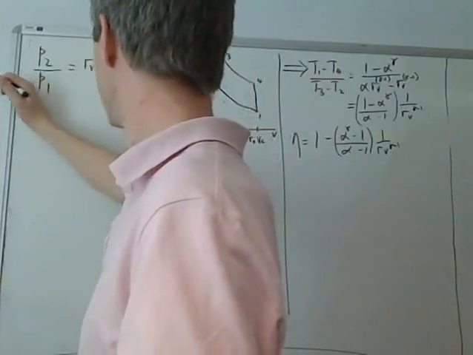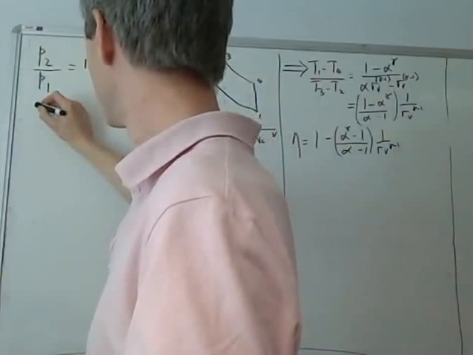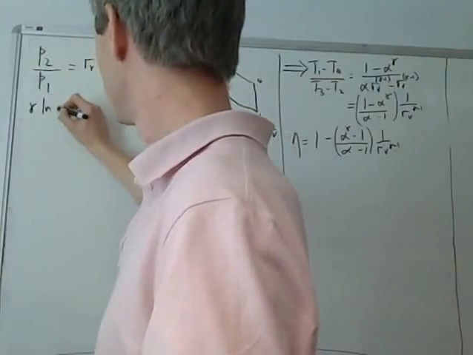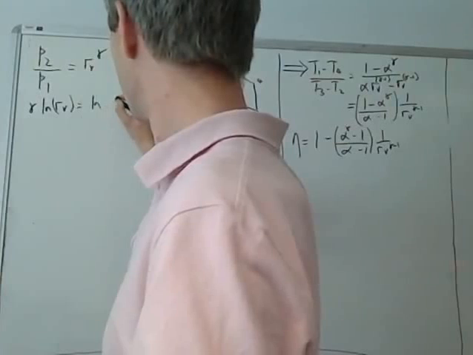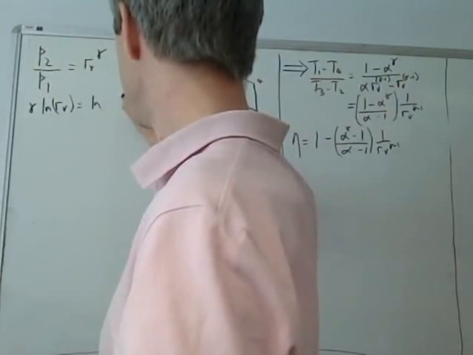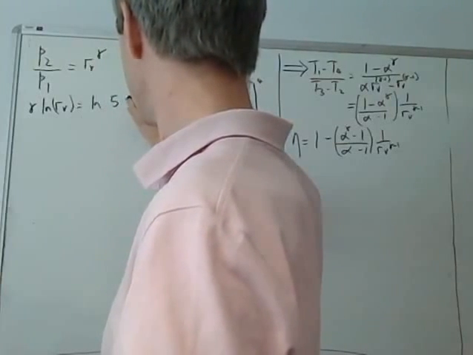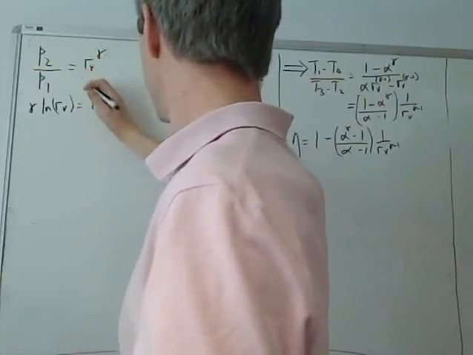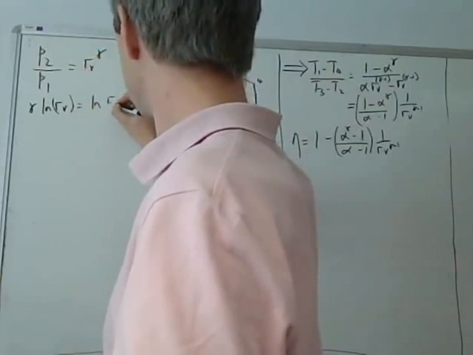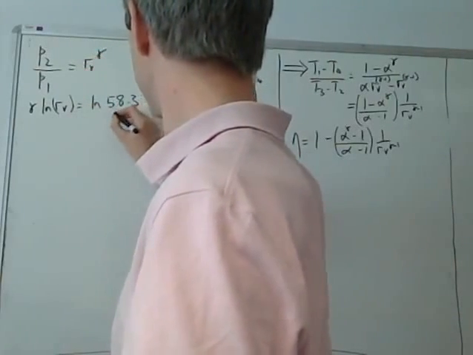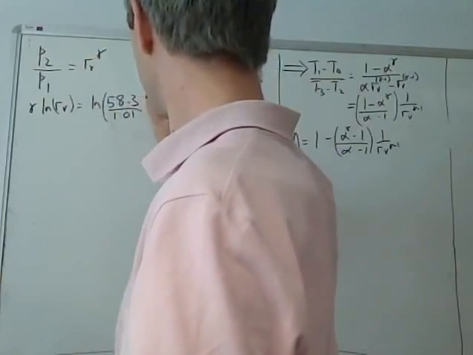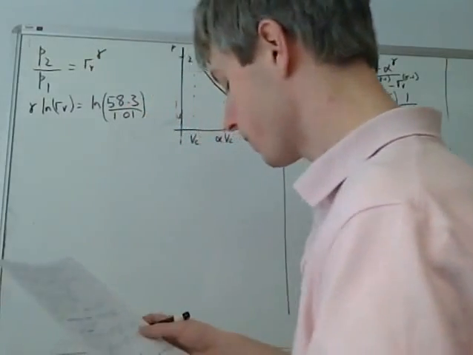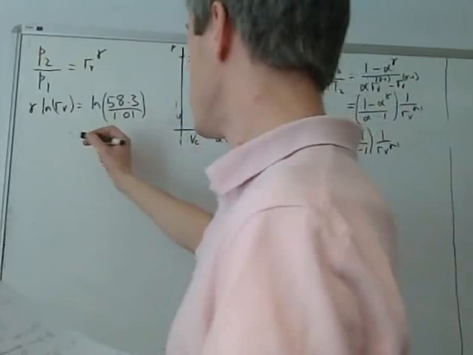We take a logarithm of both sides. Just put the values in, so P2 was 58.3. So that's the log of the pressure ratio.